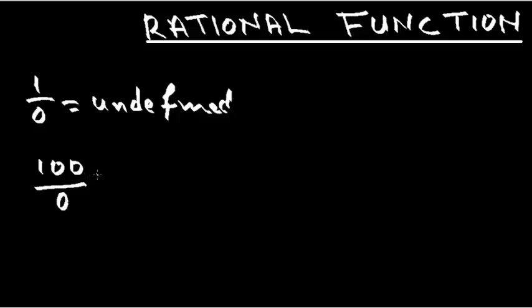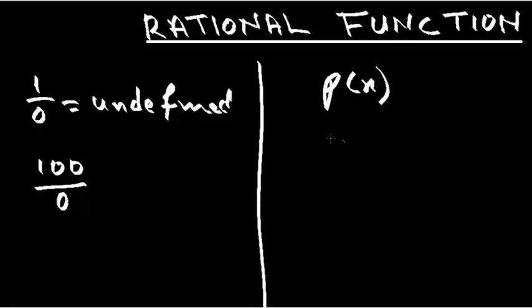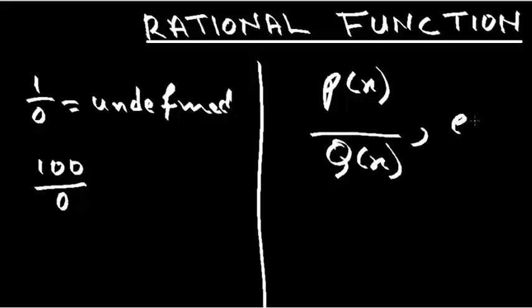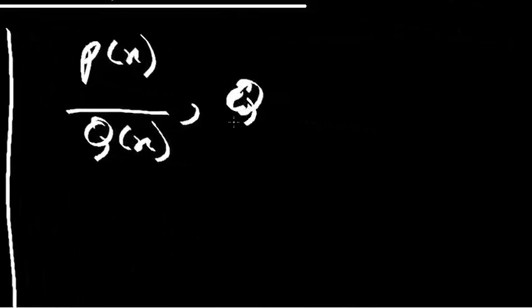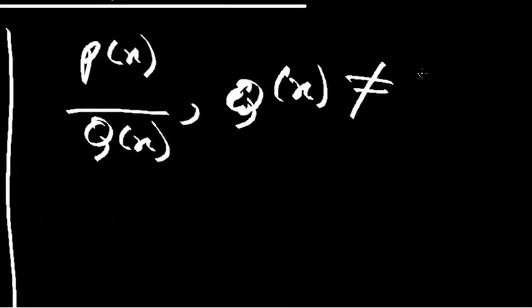Also, a rational function is a function of the form p of x over q of x. Because we don't divide a numerator by 0, we are saying that q of x should not be equal to 0. If this denominator is 0, the whole rational function becomes undefined. Because of that, q of x should not be equal to 0.